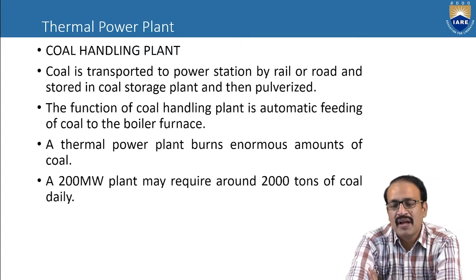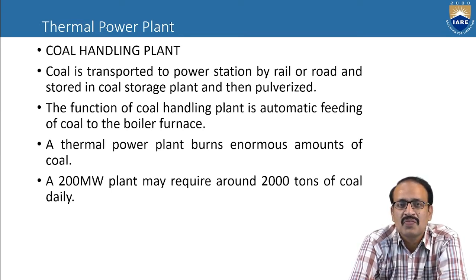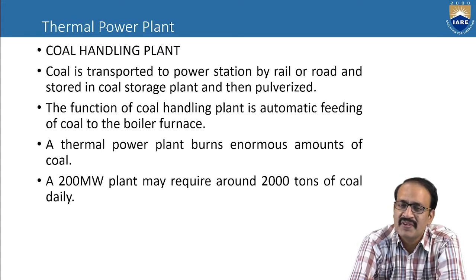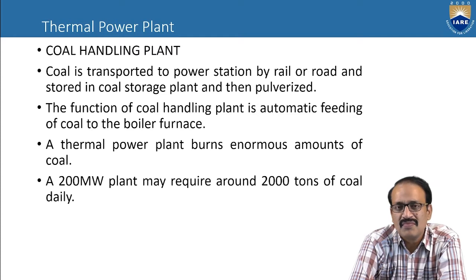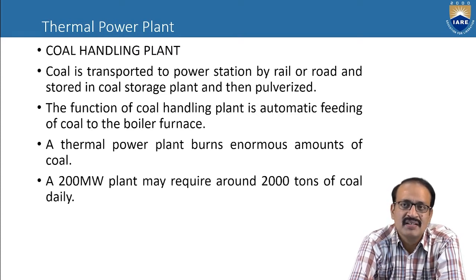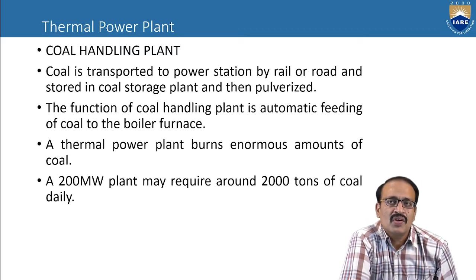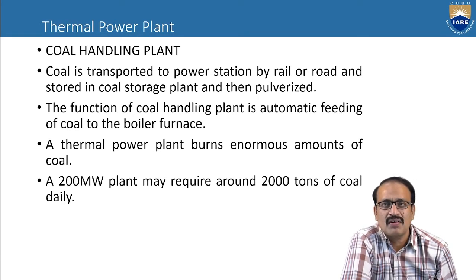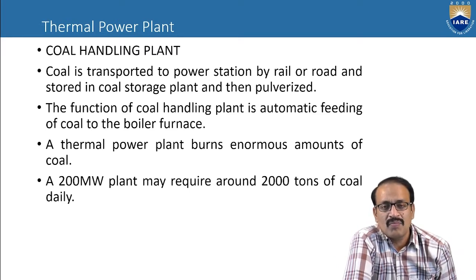So the first thing is the coal handling plant. Whatever coal we have collected from different coal mines is supplied to the thermal power plant, and in the coal handling plant we store this coal in a storage system, and this coal is automatically fed to the furnace of the boiler.